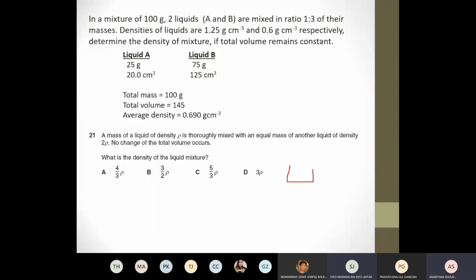One body is rho, another one is 2 rho. Okay. Their mass is same. So if this is M, this also we put M, the mass is same.